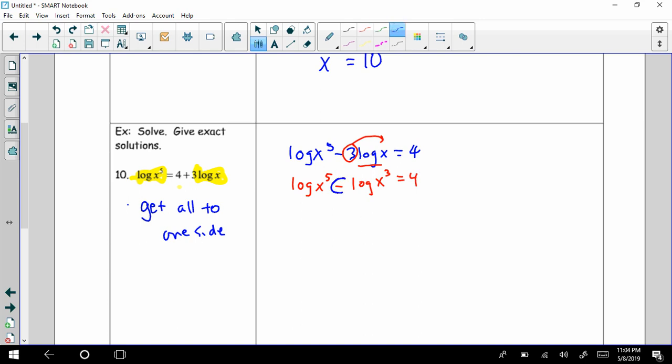Well, remember your exponent rules. When you divide, you subtract. So we're going to switch this to a division problem. So this is log of x to the 5th over x to the 3rd is equal to 4.